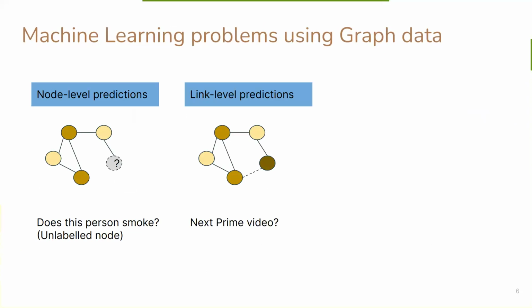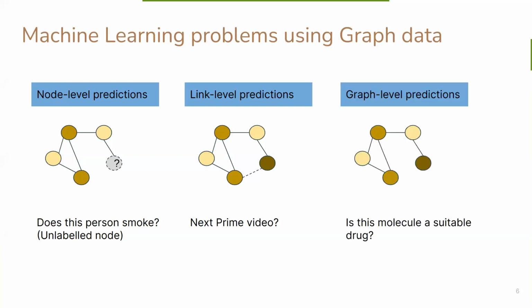In this, we predict the existence of nodes, edges, or links between nodes. A common use case is recommending the next product a customer might be interested in purchasing based on their purchase history. This is very well used in recommender systems. Third is graph level predictions. Here we make predictions at the graph level, such as classifying an entire molecule as a potent drug or not.